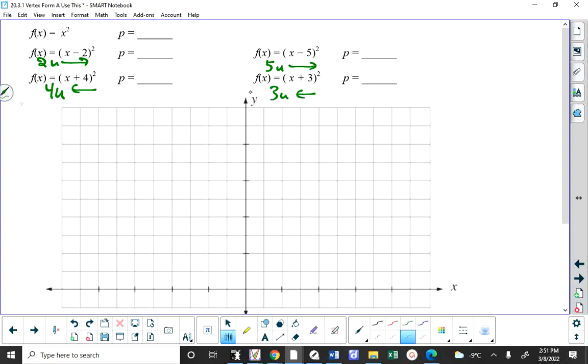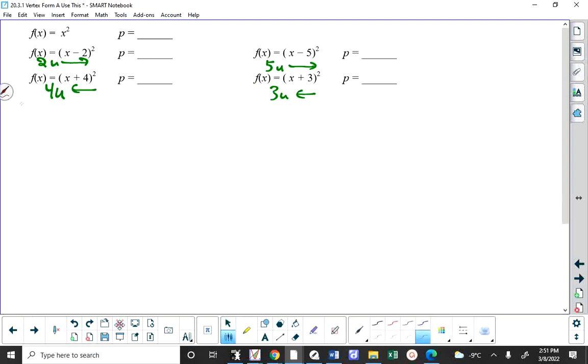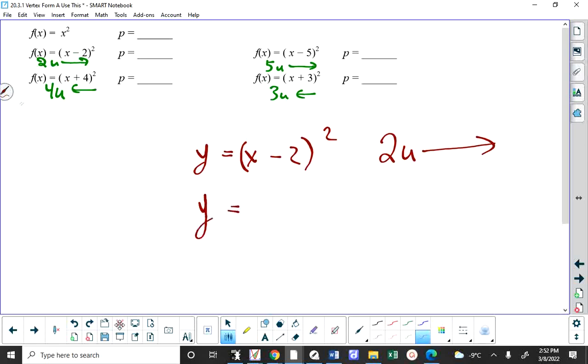Now comes the question, though. And I'm not even going to get us to graph these. I'm going to get rid of this entirely. I'm going to take a look at y equals (x minus 2) squared. We know it shifts 2 units in a positive direction. Okay, let's just take a breather here. In terms of x, to the right is positive, to the left is negative. When you compare this to y equals (x minus p) squared, I want everybody to figure out what is the value of p.